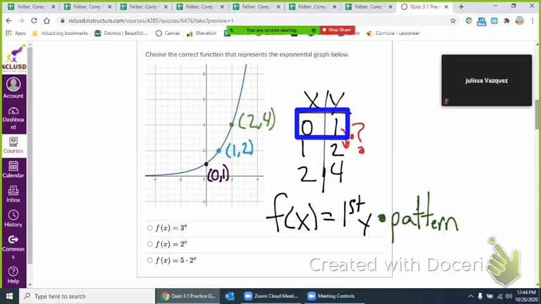And then remember, it's always x minus the first x power. And that's the exponent.